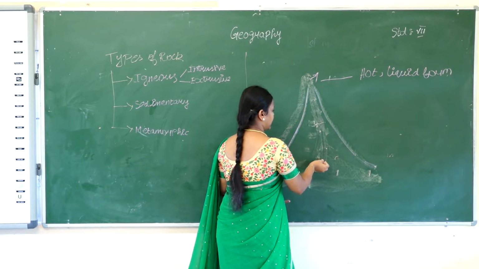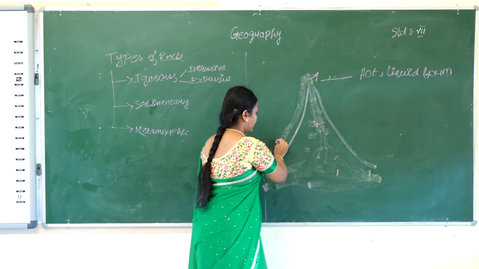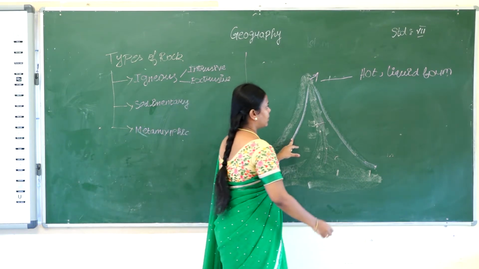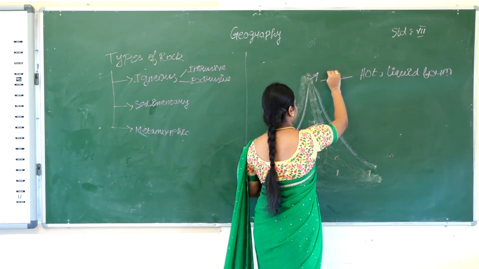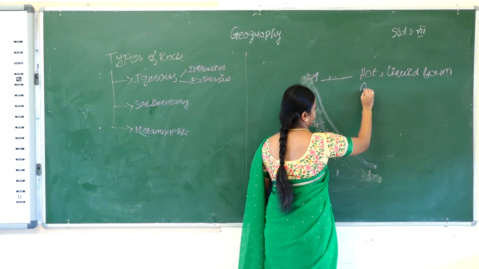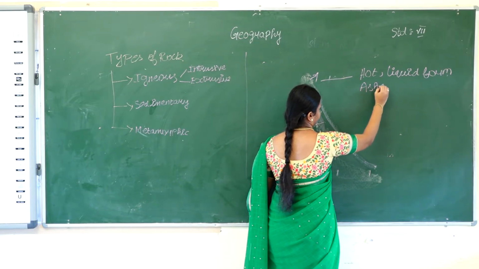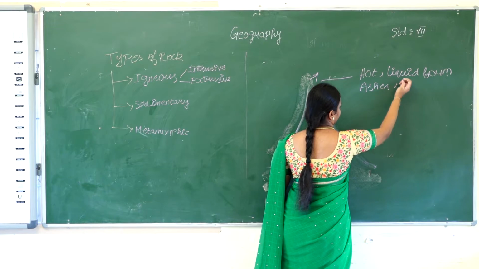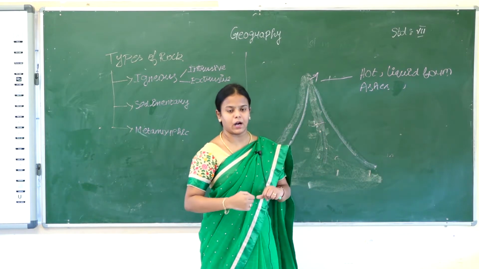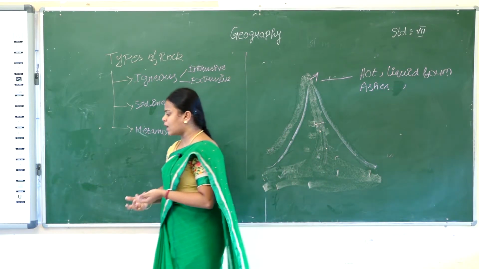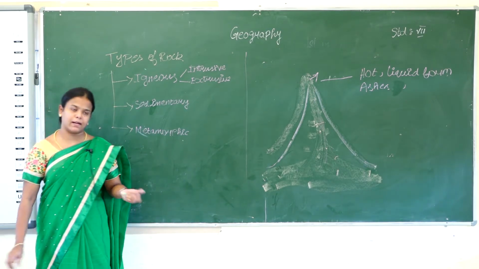When it has burst out, it will contain these types of ashes. Ashes will be coming out. So it is known as lava.